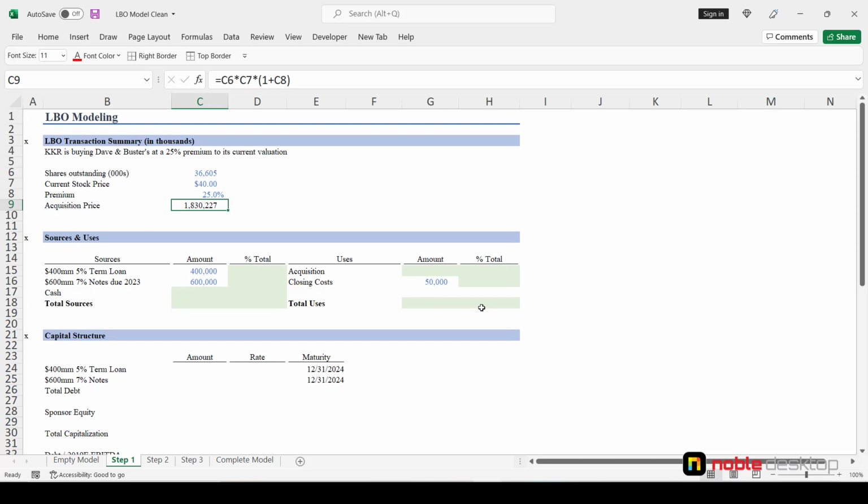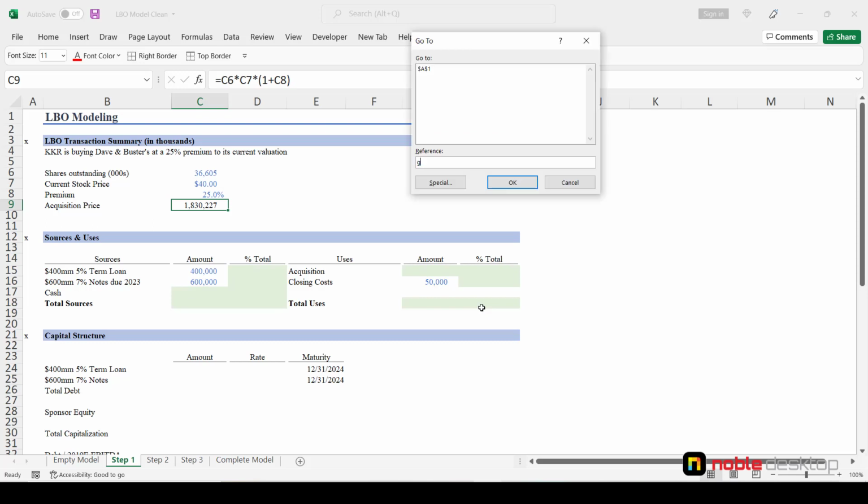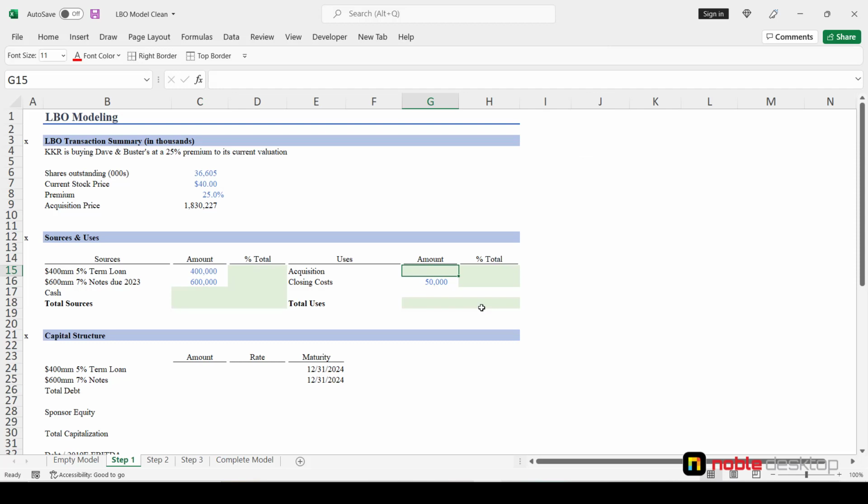So let's go ahead and calculate our sources and uses of funds. I will start from my uses, so I'm going to fly to the cell G15. My acquisition cost is given to me in the cell C9, so I'm going to go ahead and grab that.